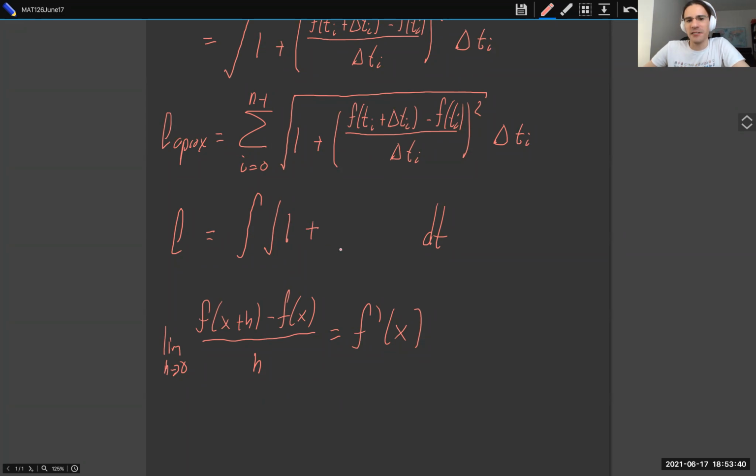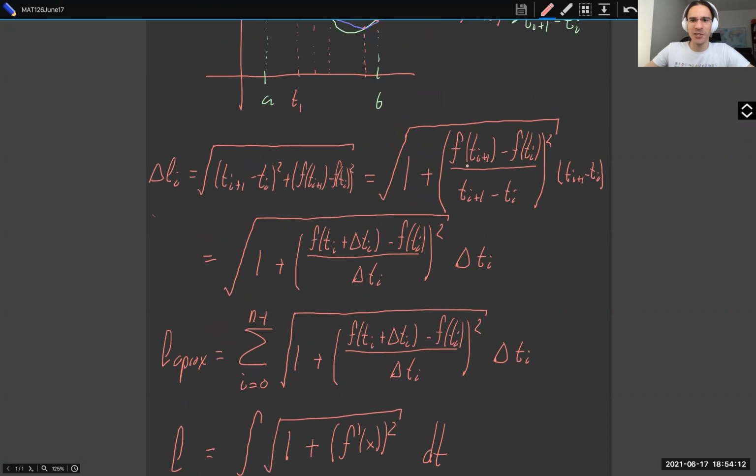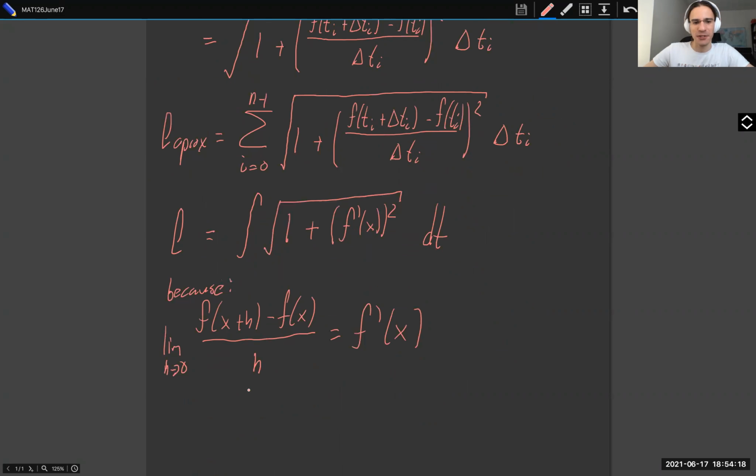What do I write here? So this is f prime of x squared dt, right? So what I did is I specifically massaged this expression so that I had this square. This is called a difference quotient, what's inside the limit.